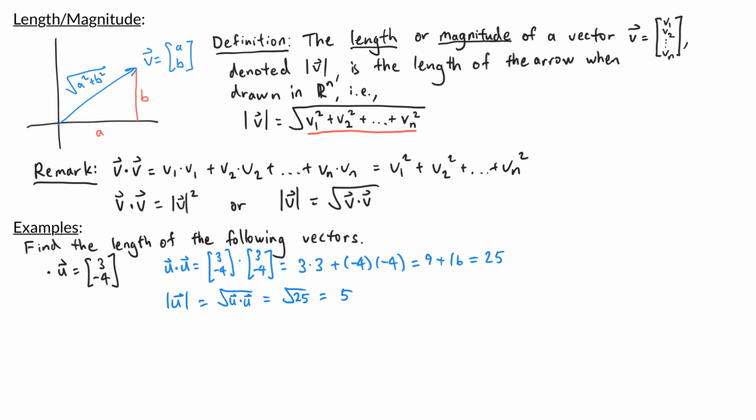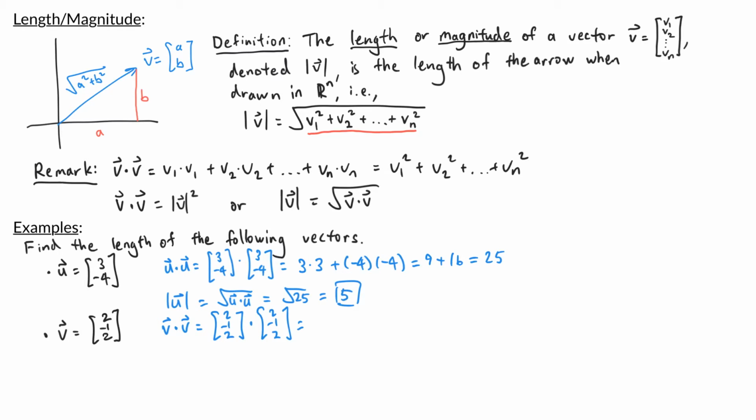In our next example, we have the vector v with entries 2, negative 1, 2. The dot product v dot v is 2, negative 1, 2 dot 2, negative 1, 2.